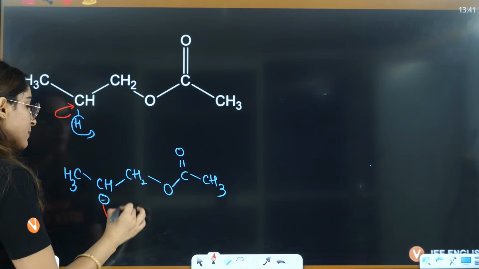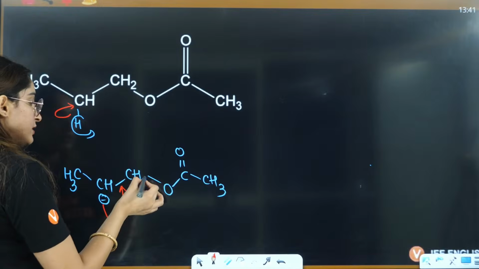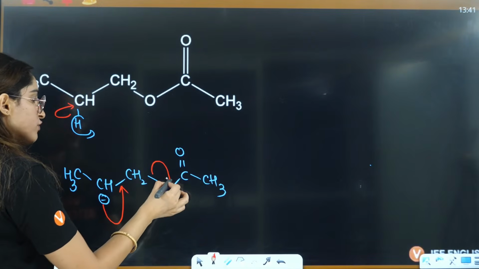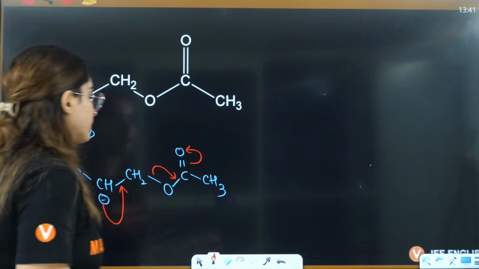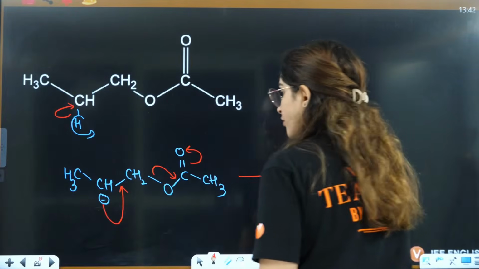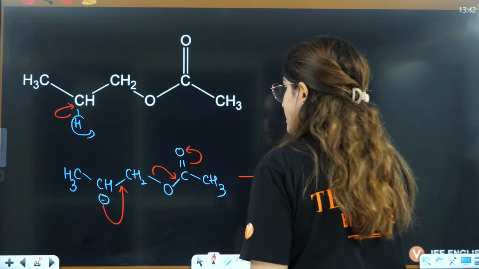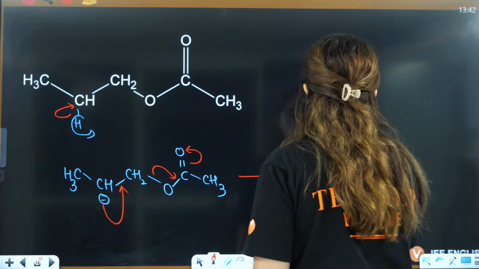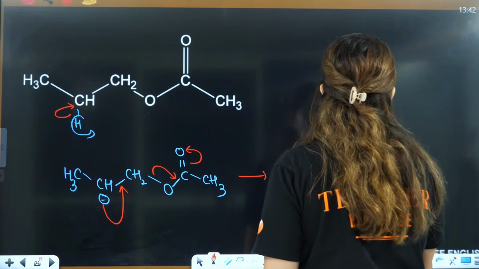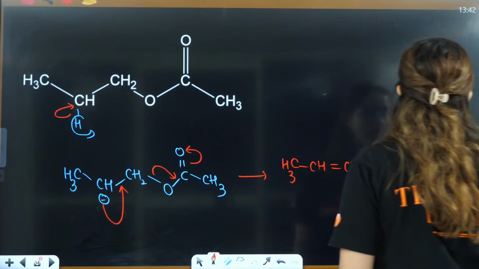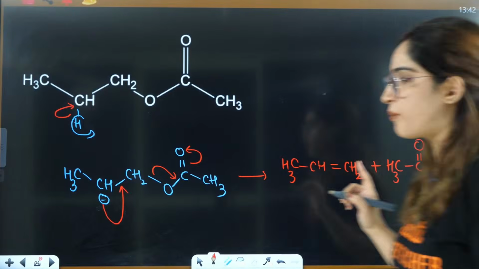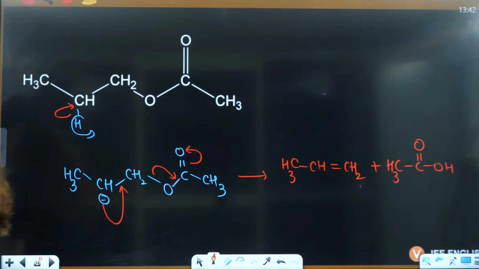Now when this carbanion shifts here, this bond will shift here and then this bond will shift here. And that's how you will have the formation of CH3, CH double bond CH2, and you will have CH3COOH. That thing is formed here. Understood, everybody?